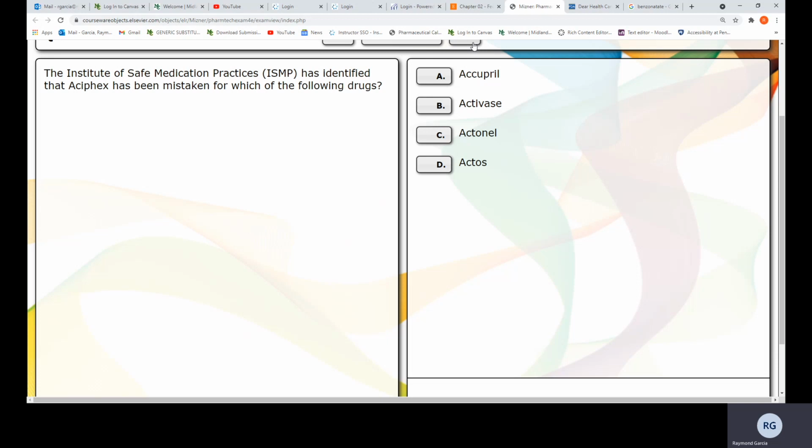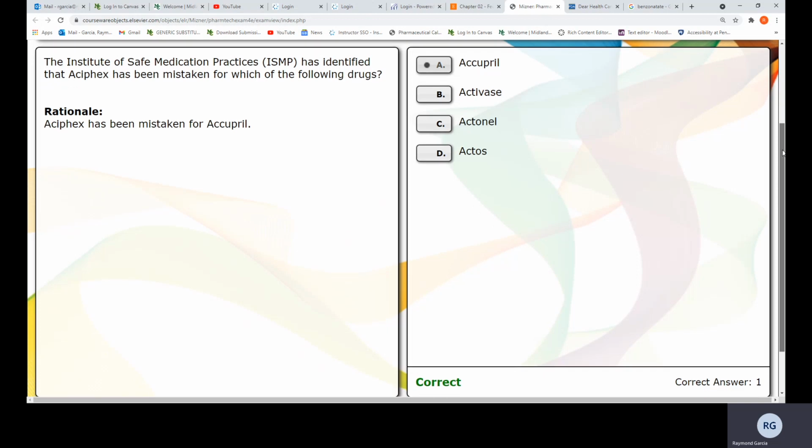Yes. D. Yeah. Let's look at A first. Correct. Acifex has been mistaken for Actipril. I would say the A and the P here.